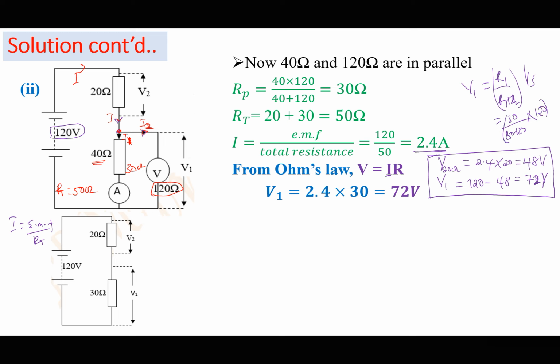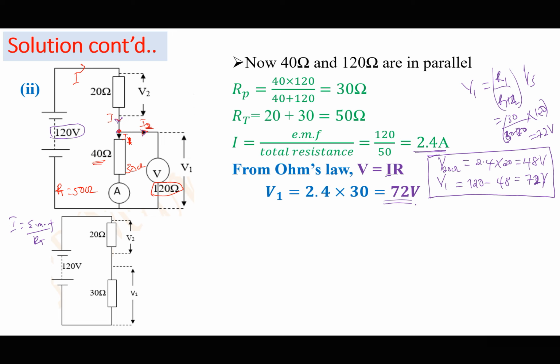And I'm certain the answer is going to be the same, because 30 divided by 50 times 120 is still 72. So the new reading of the voltmeter is going to be 72 volts.